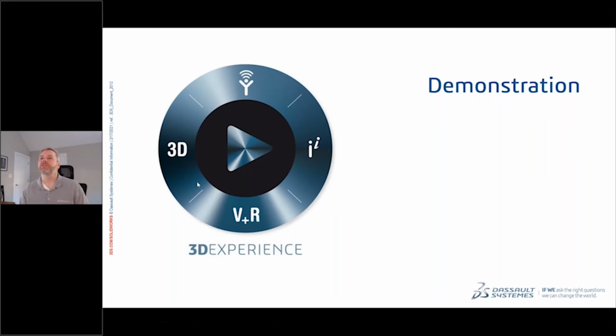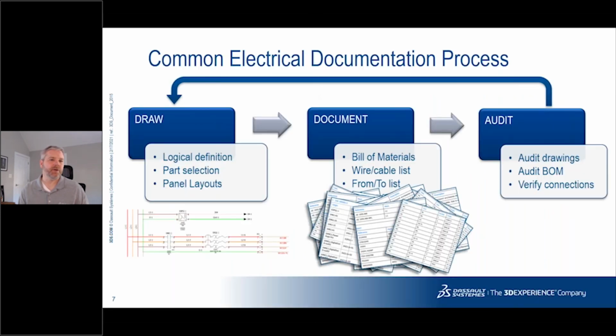Yes, okay. So that was the demonstration. Thank you, Rob, for taking us through that demo. I was making some notes as I was watching, and when we talked about that simplified view of SolidWorks Electrical, that draw, document, audit, I think everything that Rob did was really designed with the schematic designer in mind.